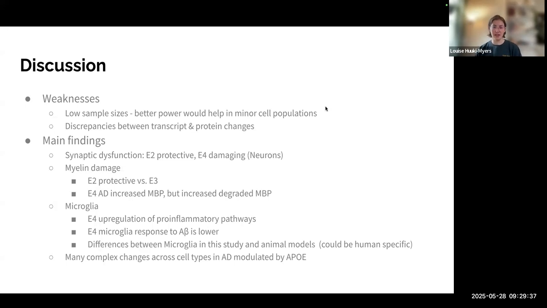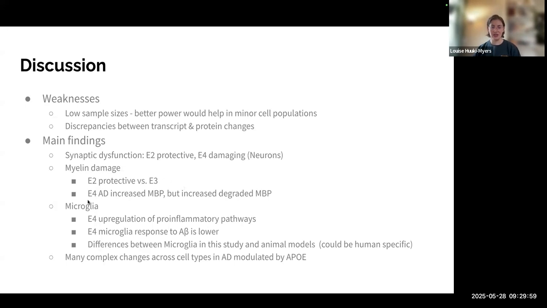But overall, their main findings did fit mostly with other knowledge and support other findings in the field. Noting synaptic dysfunction, where E2 is protective and E4 is damaging, specifically in neurons. Also the myelin damage, where E2 is protective versus E3.